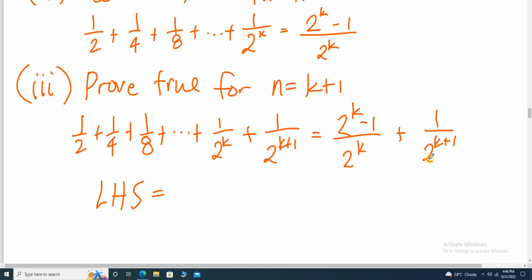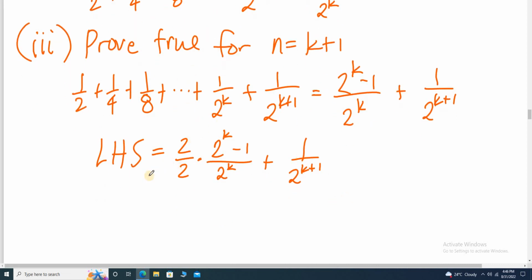So in order for this to be simplified, we need to make sure that the denominator is the same. In doing so, I'm going to multiply by 1 on this fraction, so I'll be utilizing 2 over 2. That's equivalent to 1, multiplied to 2 raised to k minus 1 over 2 raised to k plus 1 over 2 raised to k plus 1.